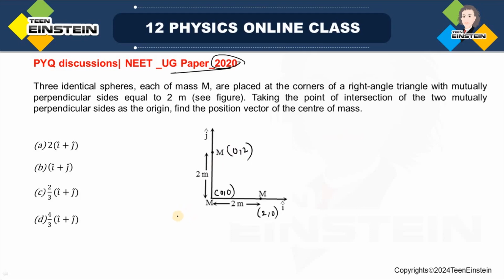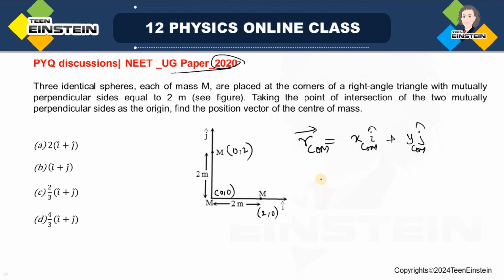Now I have to find out the center of mass coordinate, or the position vector. Position vector means I have to write x i cap plus y j cap. So this is COM, and I have to find out x COM and y COM.